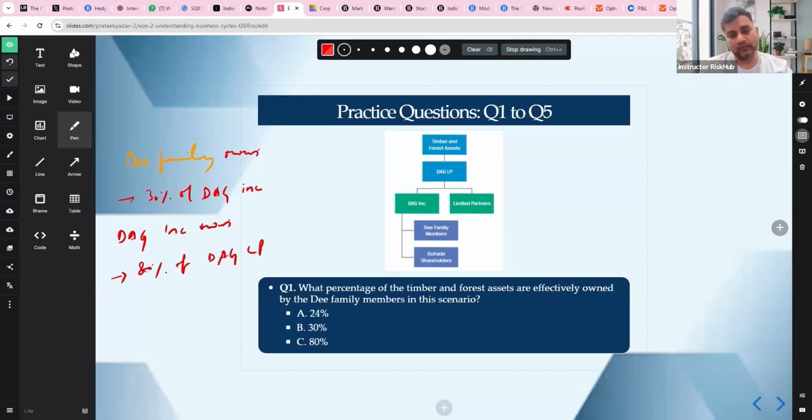So basically, DAG LP owns the asset. This is given in your diagram also.